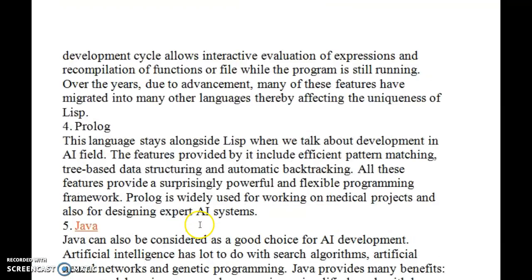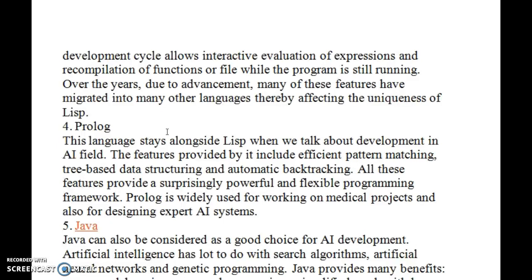Its development cycle allows interactive evaluation of expressions and recompilation of functions or files while the program is still running. Over the years, due to advancement, many of these features have migrated into many other languages, thereby affecting the uniqueness of Lisp.